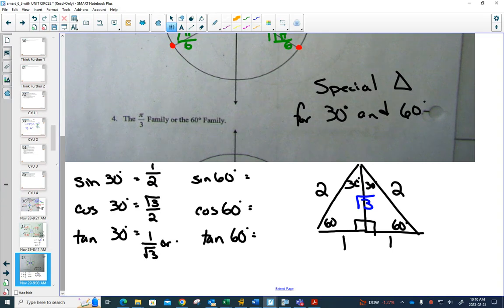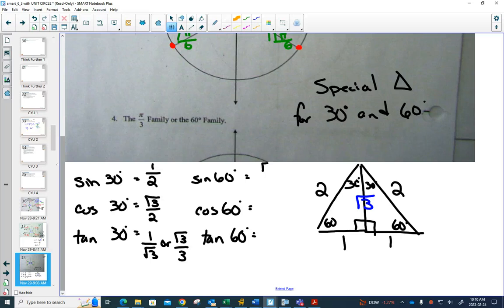Or, if you rationalize, you will get root 3 over 3. So I would say more often you see the answer rationalized as root 3 over 3. But if you wrote it either way, it would be fine. Same thing, we could go to sine of 60.